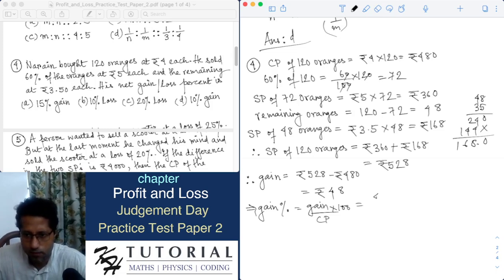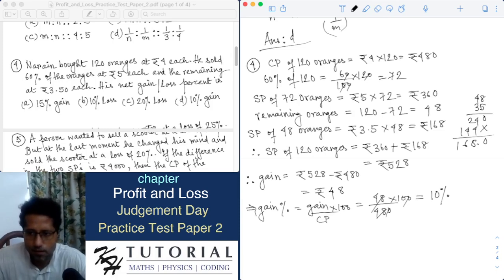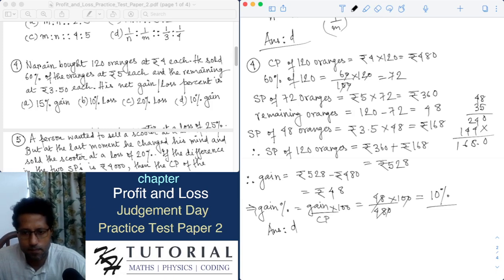This is 48 divided by the cost price, 480, multiplied by 100. The 48 and 480 cancel, and this is 10%. So there is a 10% gain. So the answer is choice D.